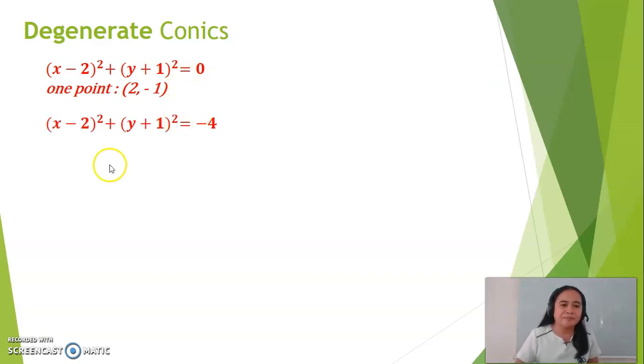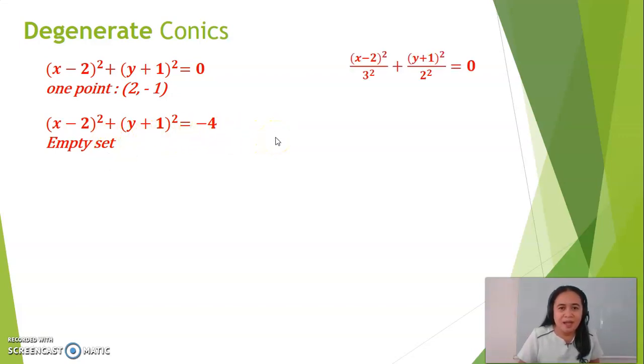Another example. This is still an equation of a circle. But take note, its r squared here is negative 4. So therefore, the degenerate case here is an empty set because you cannot identify its radius. Another example. This is an equation of an ellipse.